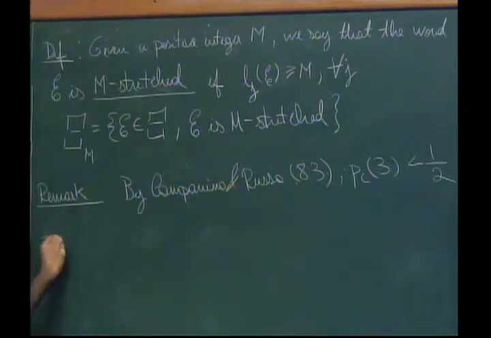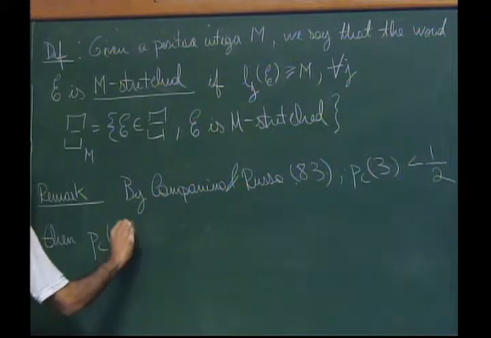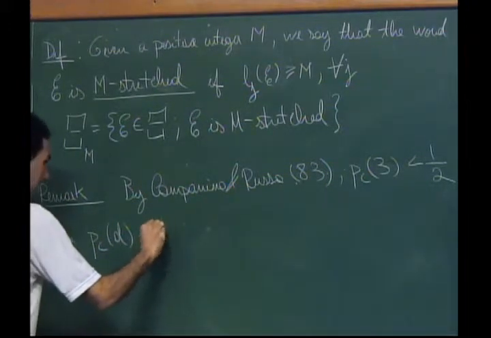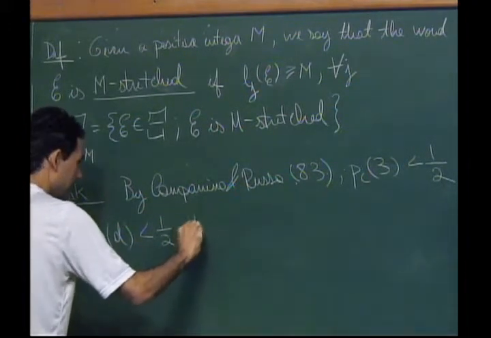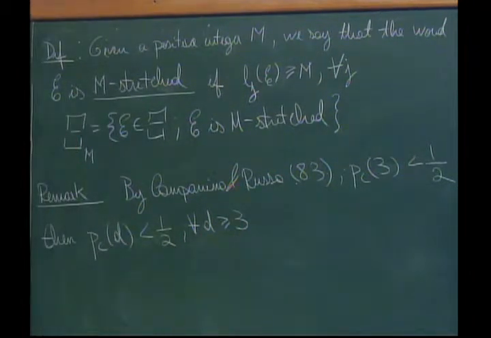Then p_c for Z^d is less than 1/2 for any d at least 3.